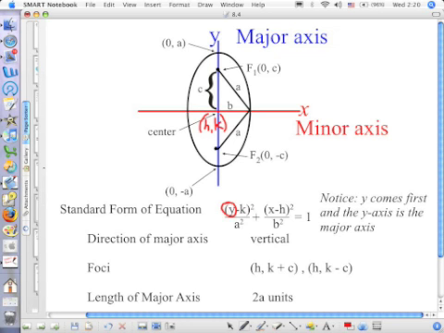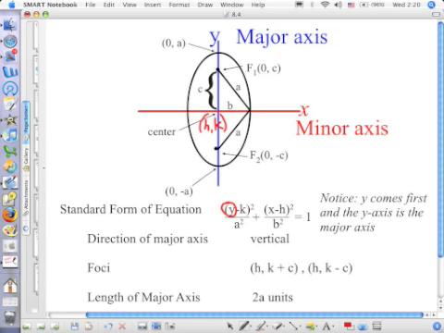So why is the y that comes first over a? It is derived from the Pythagorean theorem, very confusingly and complicatedly. But that's why this formula works out like it does. So let's just stick with the formula and go how it's used.